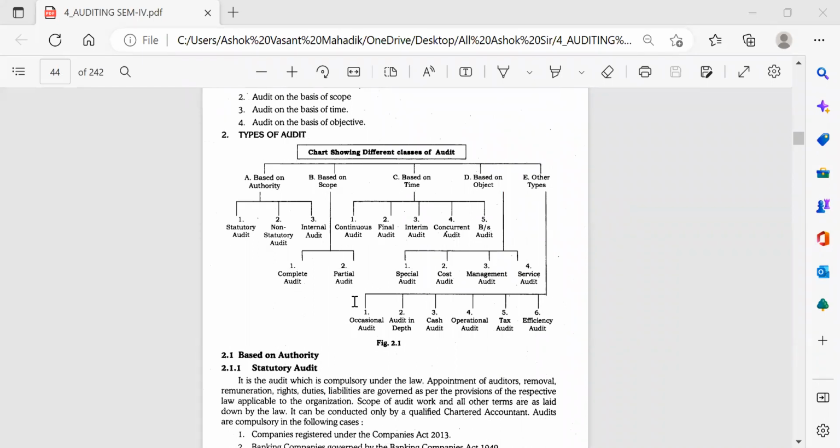Today we covered based on scope, complete and partial, and based on time. In that, the first four are very important. The fifth one, just an overview is sufficient. So I'll stop my lecture now. Next time we'll cover based on object and other types.